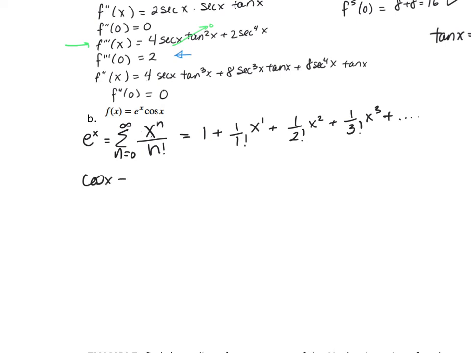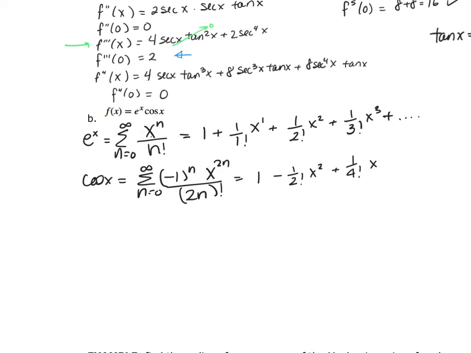So the cosine of x is the summation of n equals 0 to infinity of -1 raised to the n, x raised to the 2n over 2n factorial. So let's start writing these out. The first one is going to be 1 minus 1 over 2 factorial x squared plus 1 over 4 factorial x to the fourth. And let's do one more, wild and crazy: minus 1 over 6 factorial x raised to the sixth.